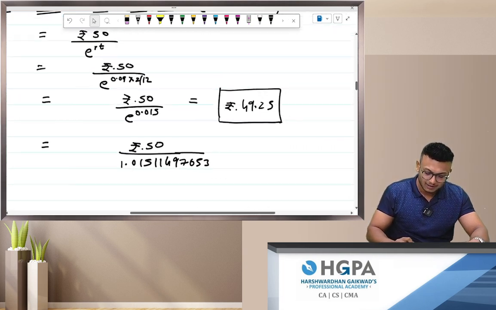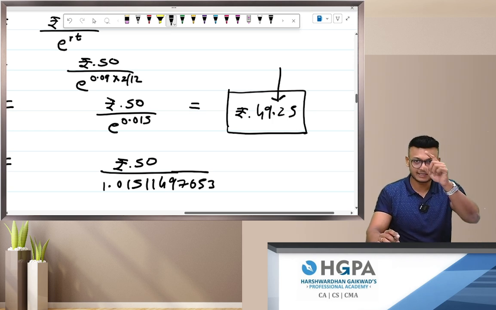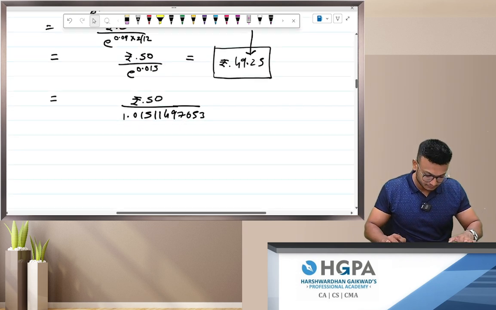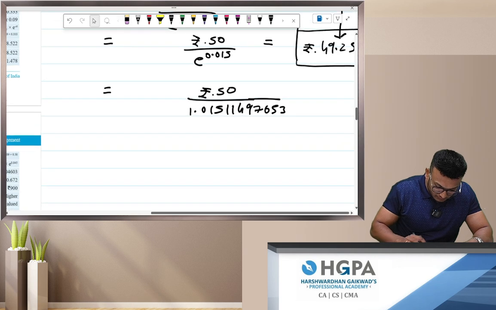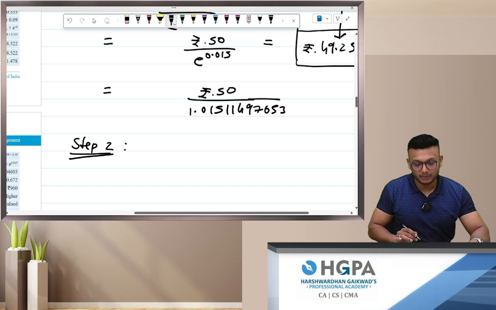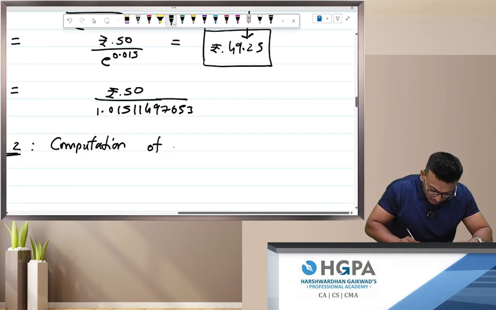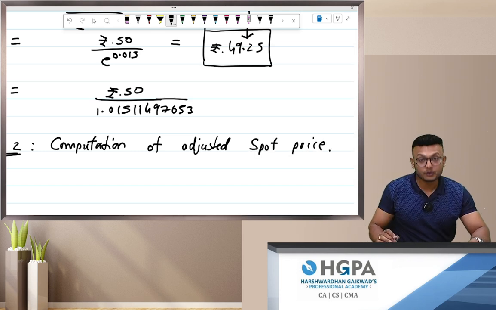Now, ladies and gentlemen, this is the present value of the dividend. Step 1 is done. Now, can we go to the next step, please? Step number 2: computation of the adjusted spot price.